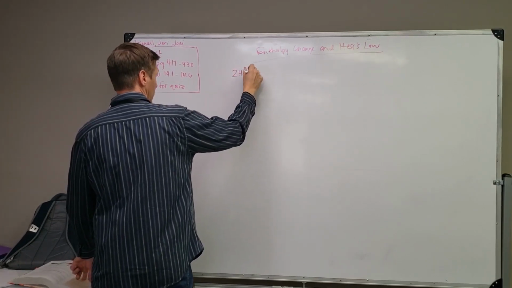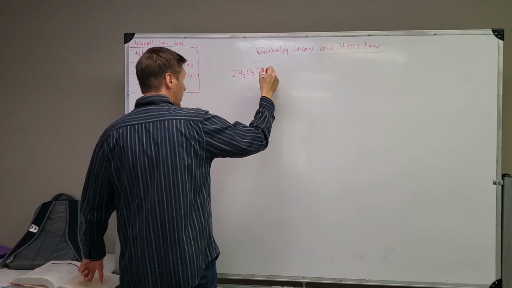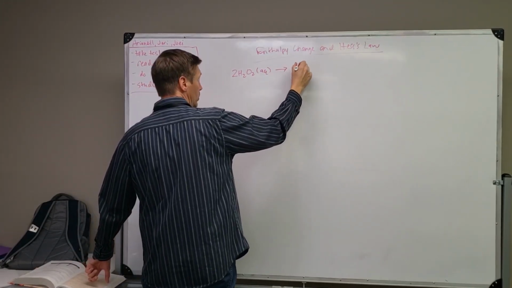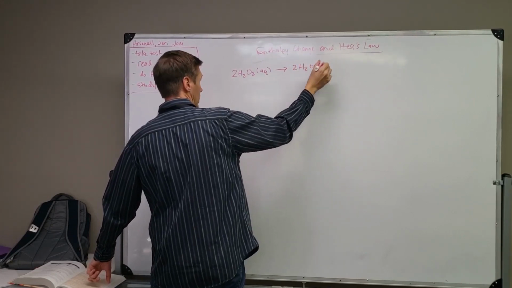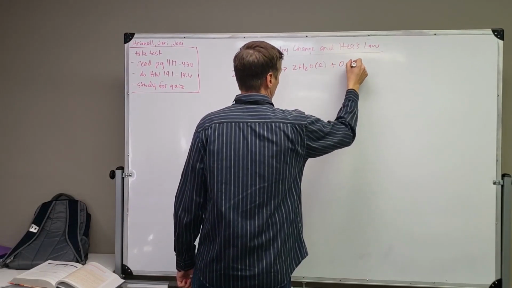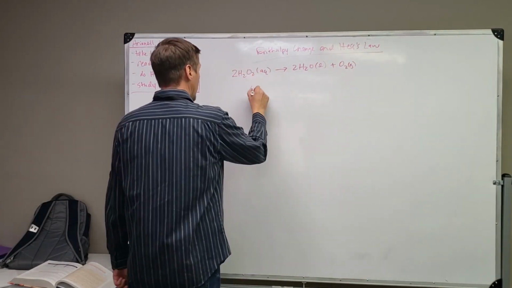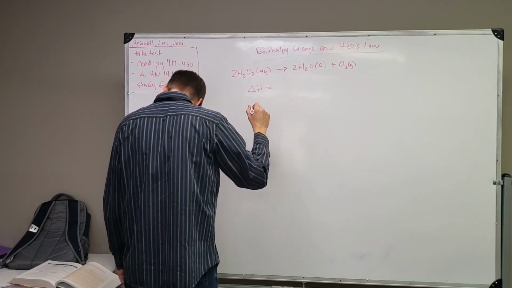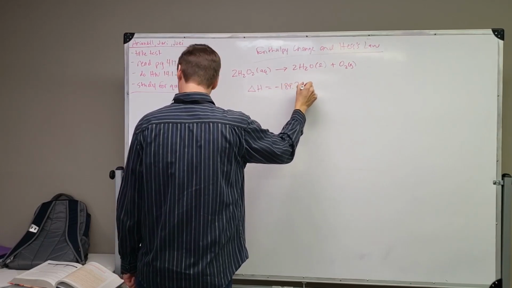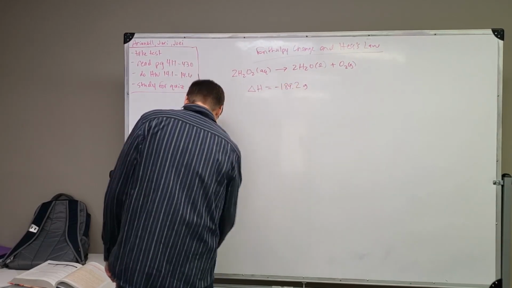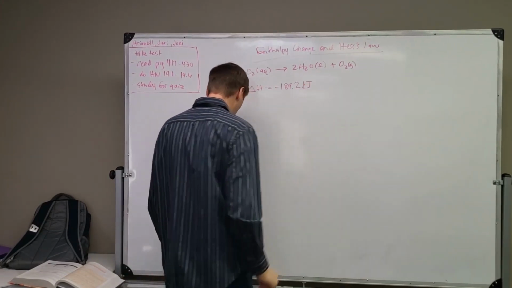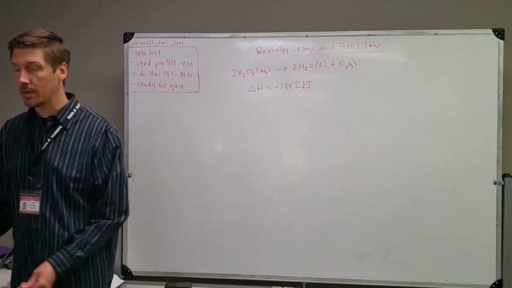So we said H2O2 aqueous yields 2 H2O liquid plus O2 gas. We found the change in H for this to be negative 189.2 kilojoules. And we said the reaction was exothermic because it has a negative sign, right?